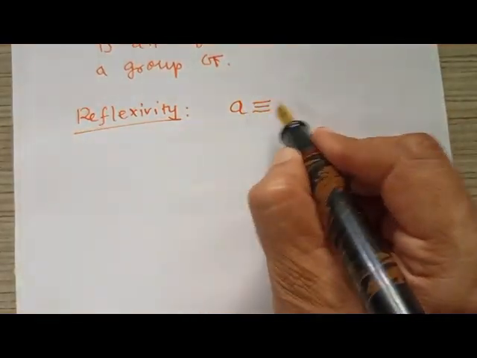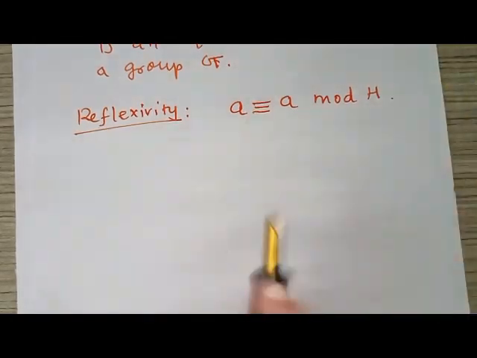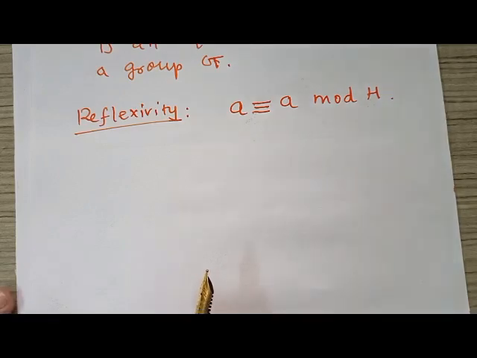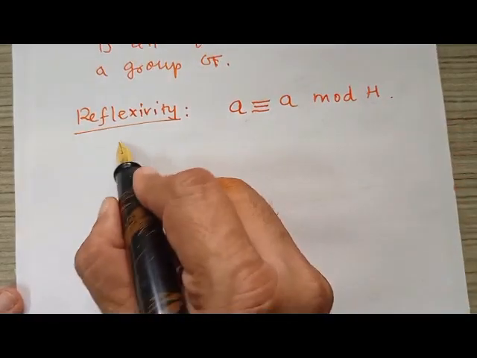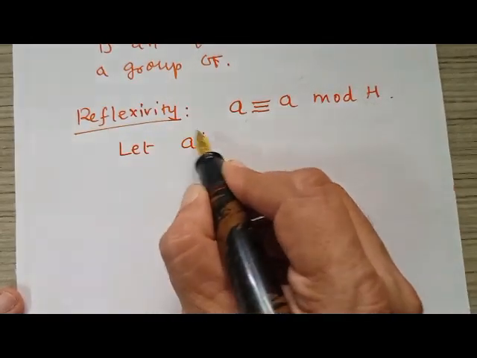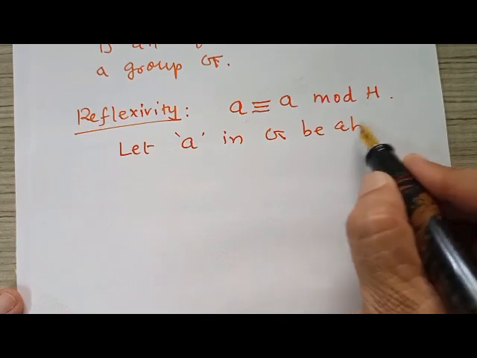A is congruent to A mod H. Let A in G be arbitrary.